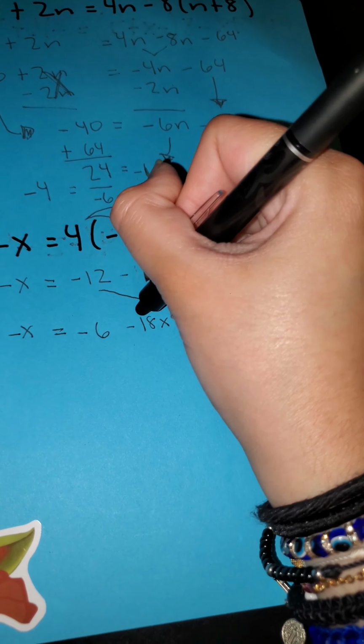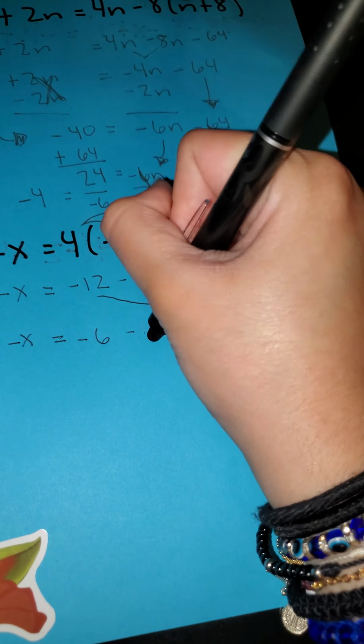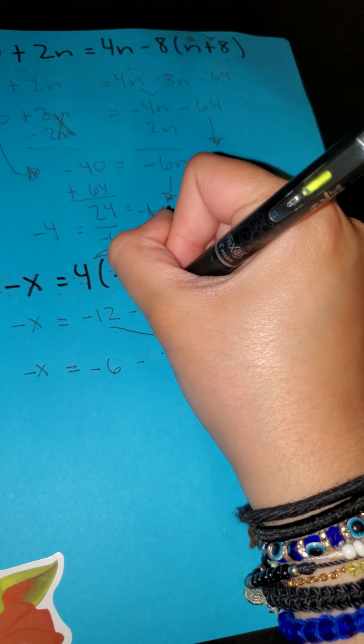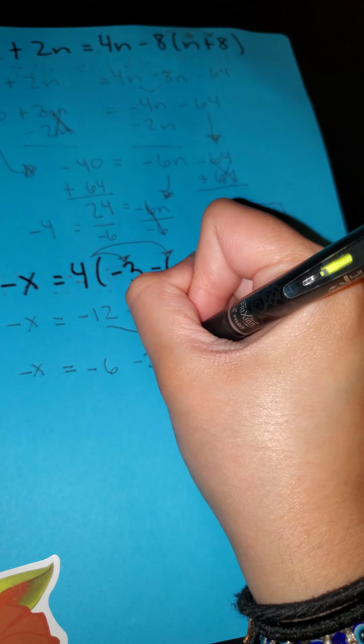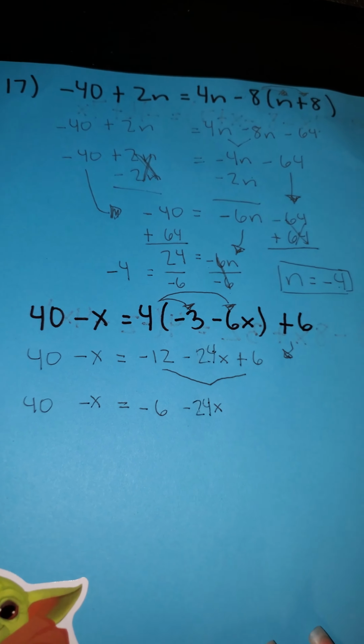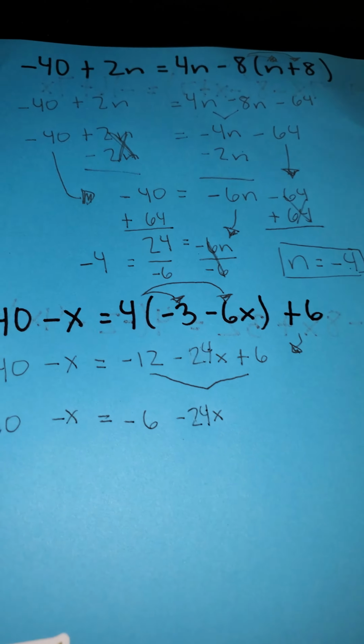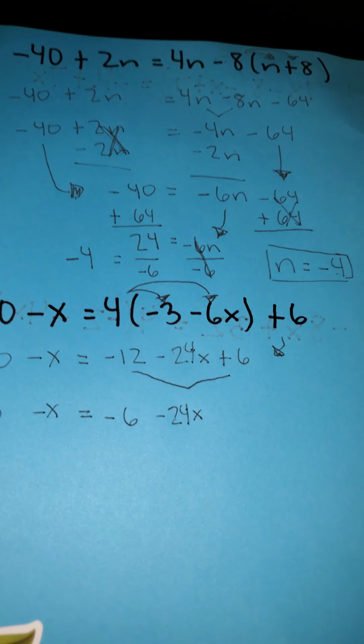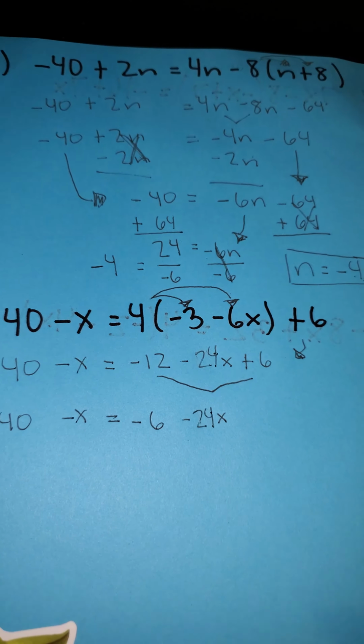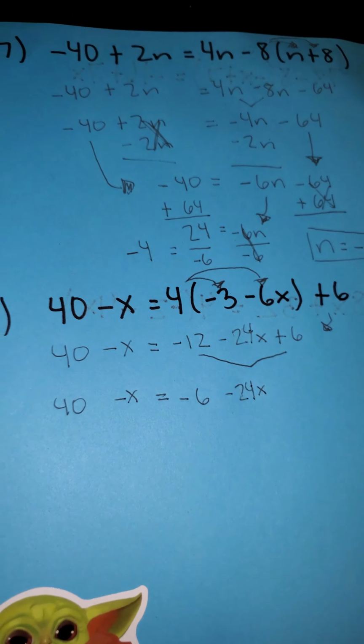Sorry, it's 24. I don't know what I was thinking. And I'm pretty sure y'all caught it. But good thing I caught it now before we continue. Okay, so here should be negative 6 minus 24x. I'm so sorry. Okay, so now let's continue.